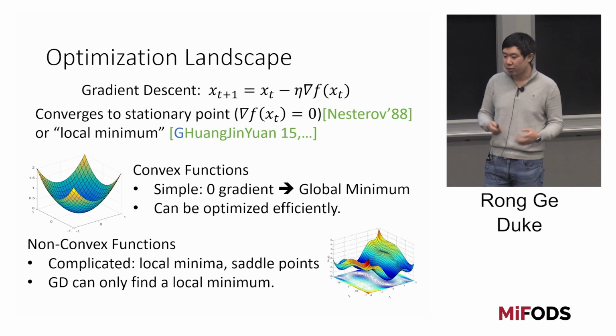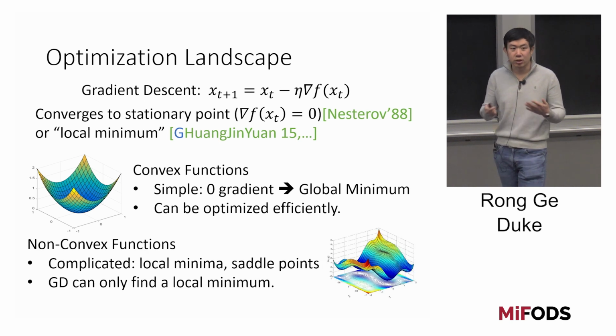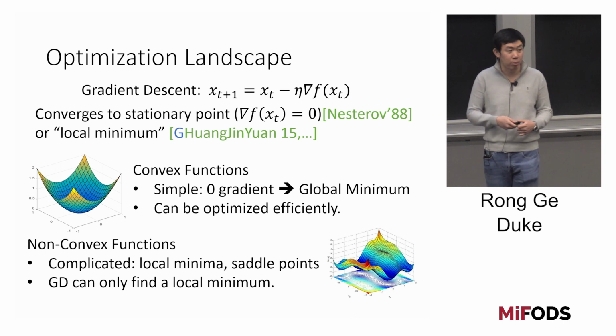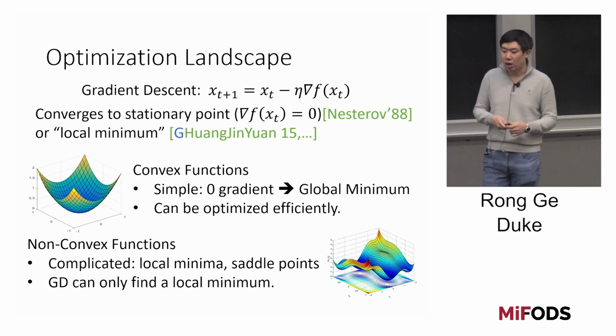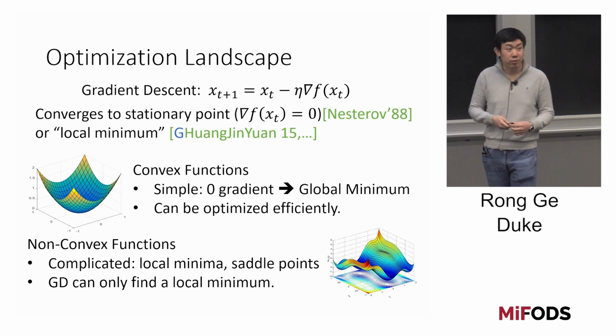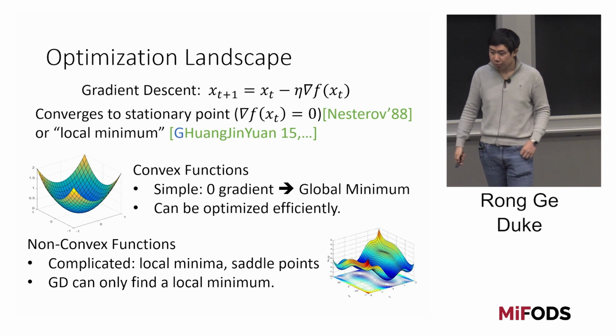On the other hand, if you look at non-convex functions, in general, the shape of the objective function can be very complicated. There can be many different local minima that may be much worse compared to the global optimal solution, right? There are also other things like saddle points. And in these cases, with gradient descent, we can only hope to find a local minimum.